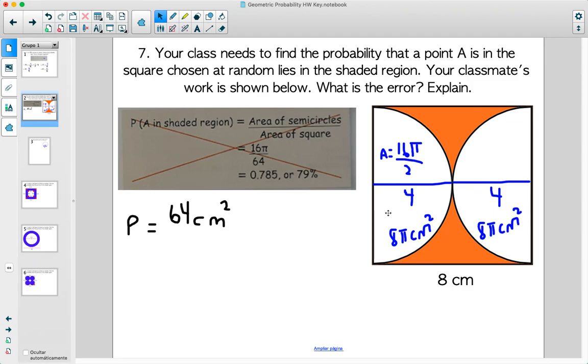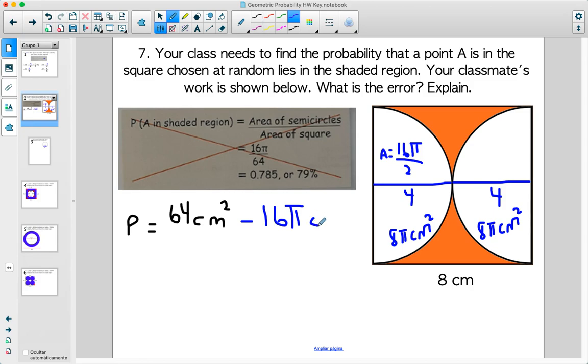Okay, so what we need to do is take the area of the square, which we got as 64, and subtract the area of the two semicircles. So the area of the two semicircles is what, Niall? Niall put 16 pi. He got that correct. But he forgot to subtract the area of the two semicircles from the area of the square.